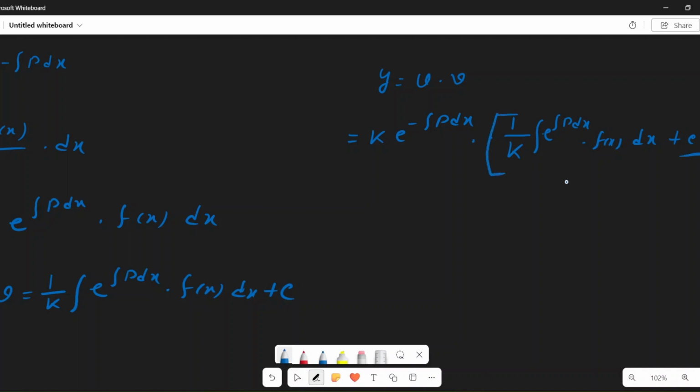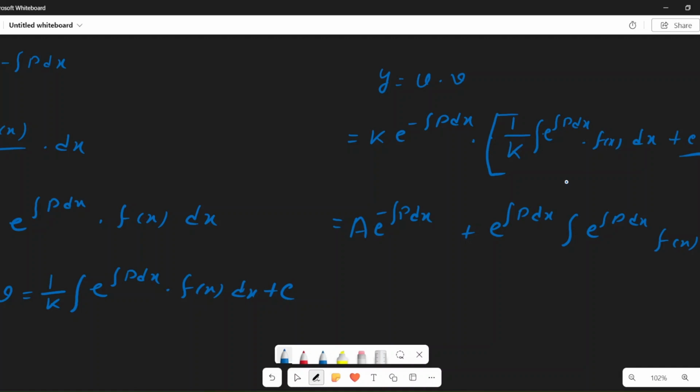Okay, we have this, so we can write it in that way: a e to the power minus p dx plus e to the power minus p dx integration of e to the power p dx f(x) dx.